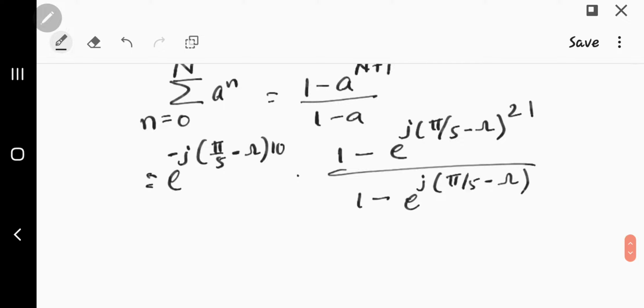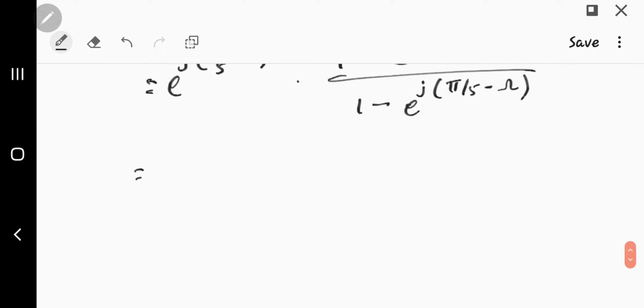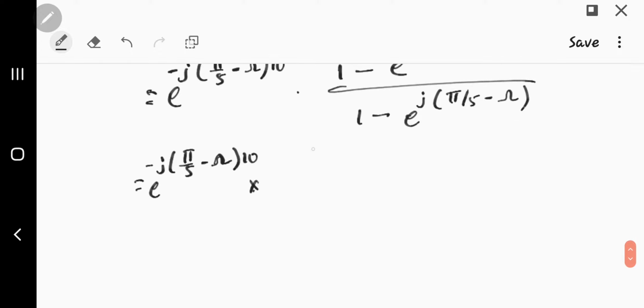Okay. Now if you simplify this, so e power minus j pi by phi minus omega into 10. So this multiplied by, so I am rewriting this part. So you get e power j pi by phi minus omega 21 by 2, into e power minus j.